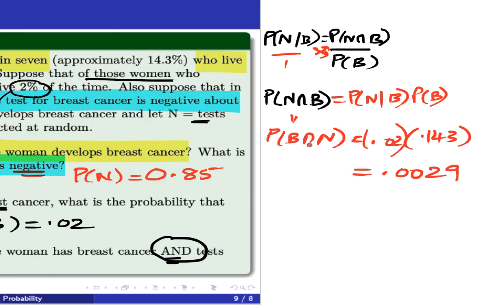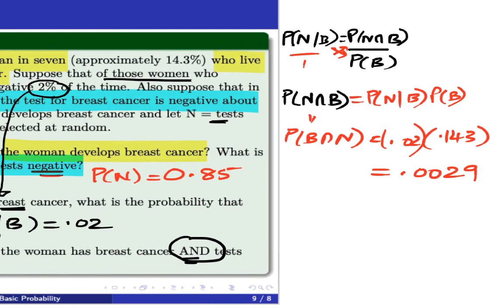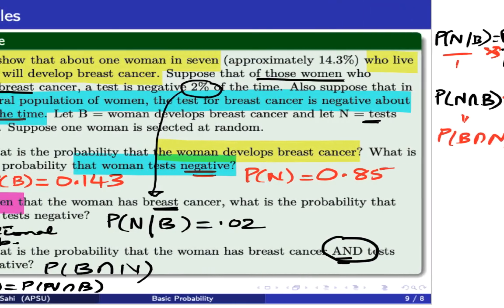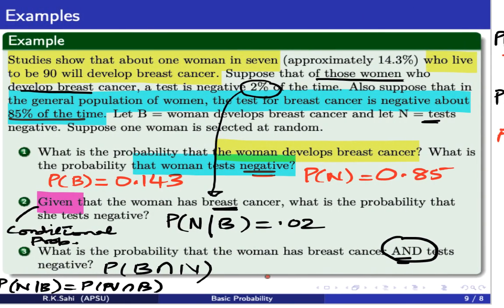So the probability of B intersection N is 0.0029. And that's what we will write over here. 0.0029. Let me erase this one, which we just did here. Okay, thank you guys.